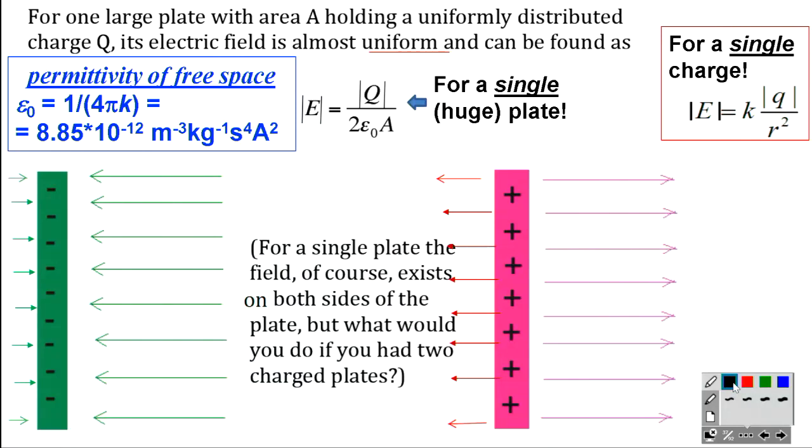And the expression for calculating the strength of the uniform electric field generated by a large charged surface is this. It only depends on two variables: the total charge of this surface and the area of this surface. Basically, it's a charge density.